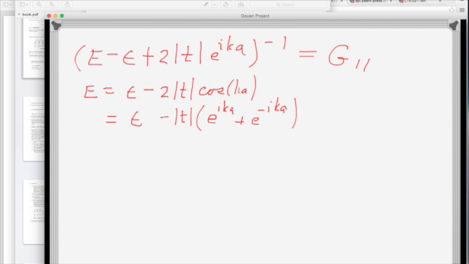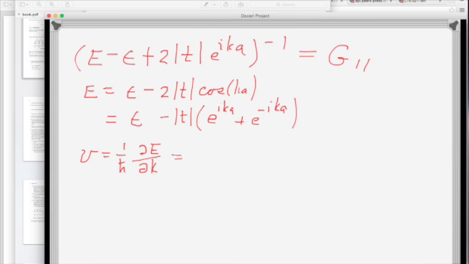So you use those relationships to change between K and energy, and also you use the velocity as 1 over h bar dE dk, which is just going to give you 1 over h bar times 2t magnitude t sine Ka times a, I guess.